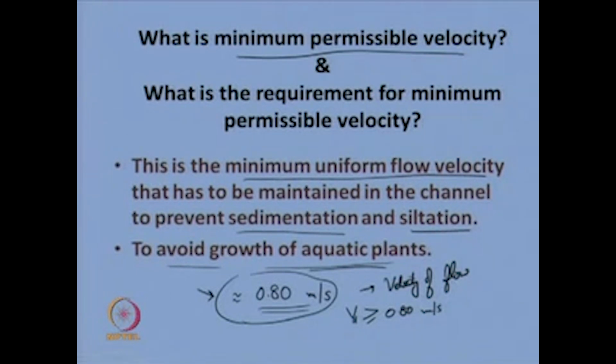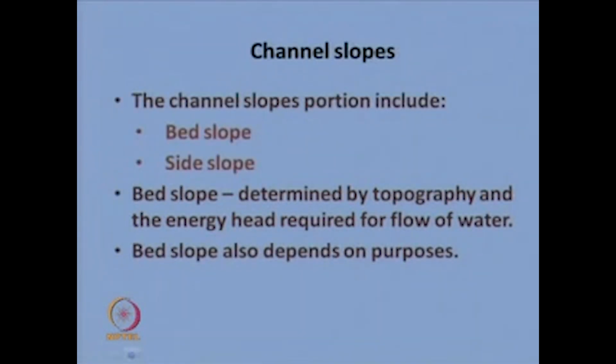The next factor we suggest in the design of channels is the channel slopes. For any channel, there are bed slope and side slope. You know what is meant by bed slope.